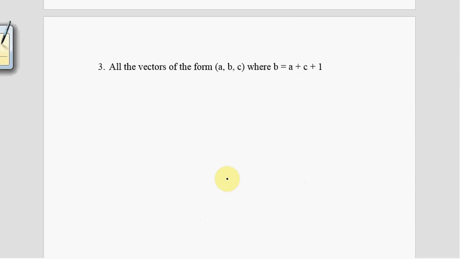Number 3, all the vectors of the form ABC, where the middle component is equal to the sum of the first and the last component plus 1.